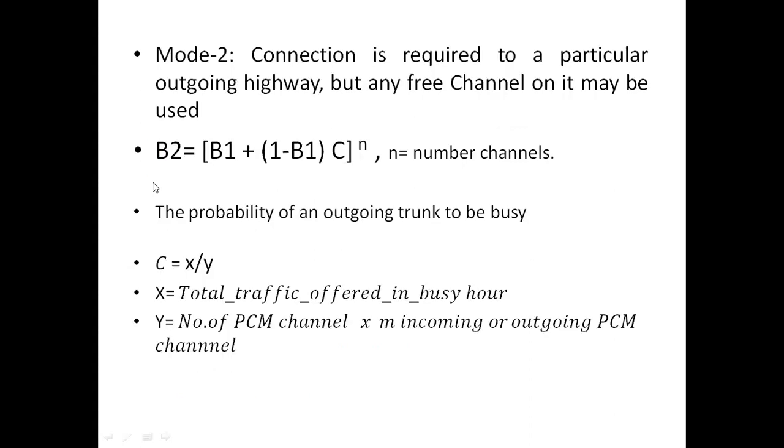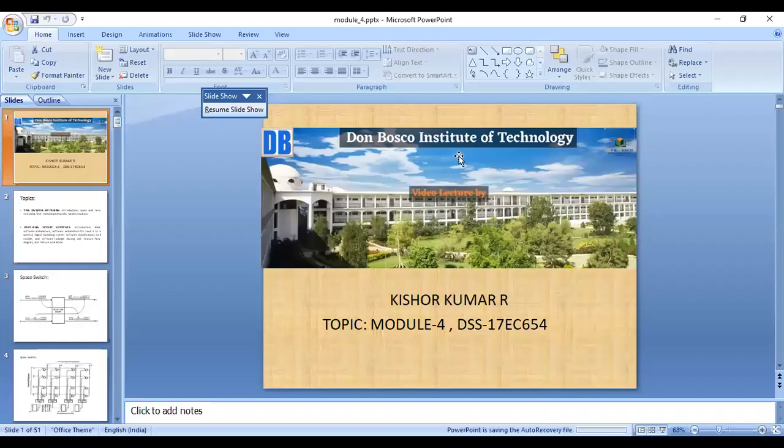Once this is derived, using the numerical value of B1 we can easily derive B2, where C represents the blocking probability of an outgoing trunk in the busy hour, and small n represents the number of channels of a particular PCM highway. You can use a 32 channel system or a 24 channel system and decide the value of n based on that.